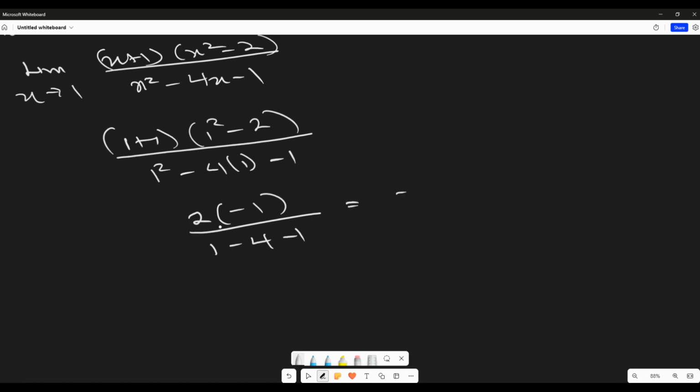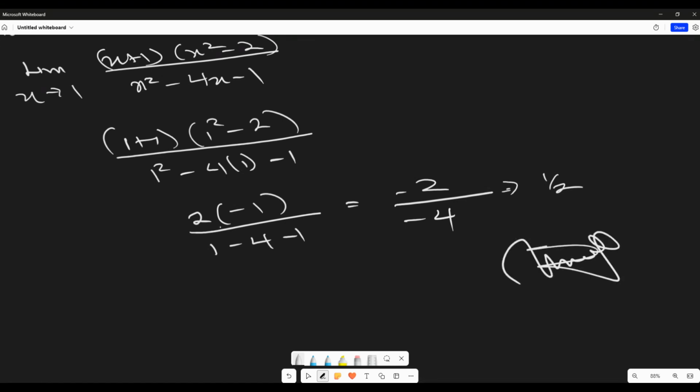And this will turn into negative 2 over negative 4. I think so. Yeah, negative 4. And this will translate into what? Positive half. That is the limit of this expression.